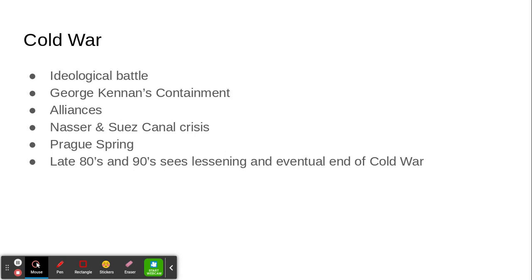The Soviets will retaliate with their own alliance called the Warsaw Pact in 1955. NATO comes about in 1949. You also have SEATO, another American-led alliance, the Southeast Asia Treaty Organization, because you've got to watch China especially. You've got to watch for the spread of communism in Southeast Asia as well.